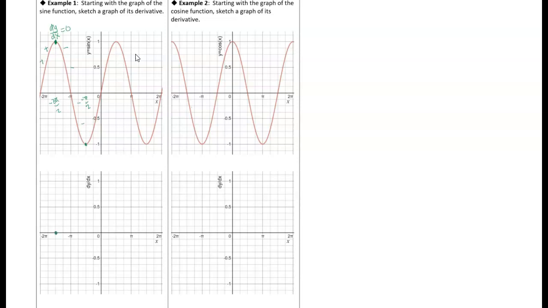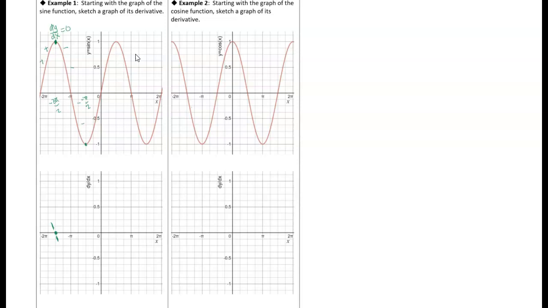That will correspond to that point on the derivative; the derivative is 0 at that point. It's increasing when we are less than 3 pi over 2, and when we're greater than 3 pi over 2, it's decreasing. So we're going to be above the x-axis, and then we'll switch to going below the x-axis.